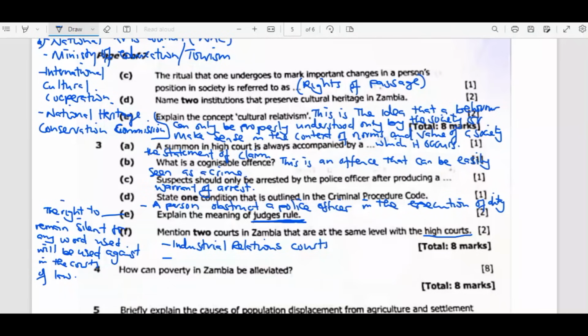So apart from that, we have the family and children court. So these are 2 courts that are at the same level with the High Court. So we can move to question 4.